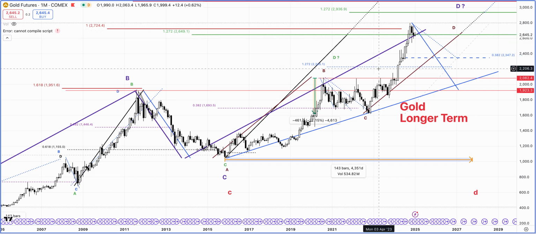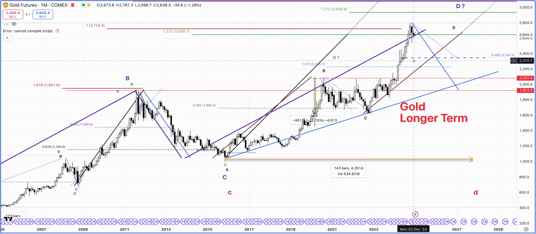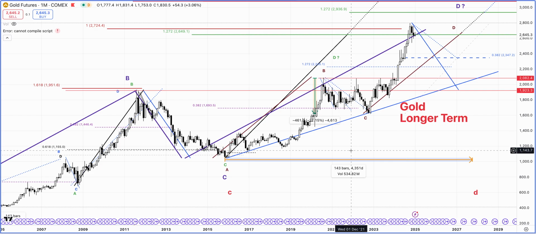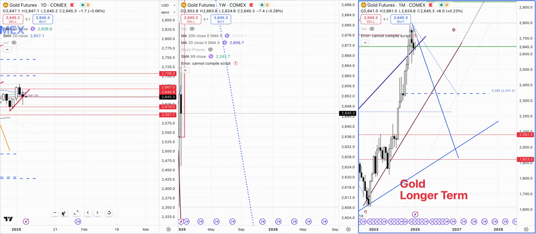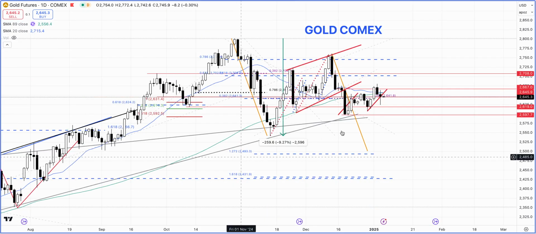So this has increased the odds that gold is actually in a corrective mode. It could be something like this, and we could target 2350, but on the shorter term charts like the daily, we have the other smaller targets as well, which is around the 2500 mark.